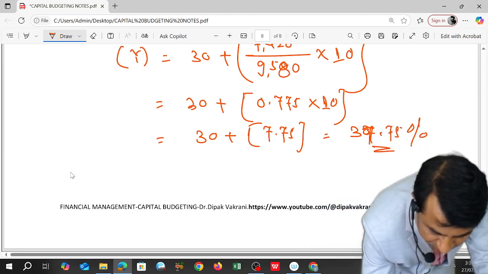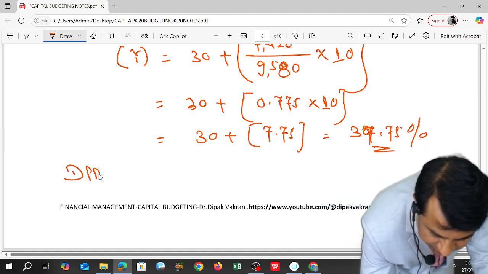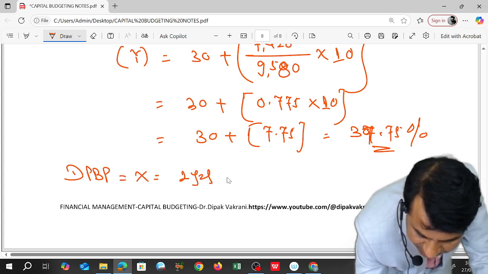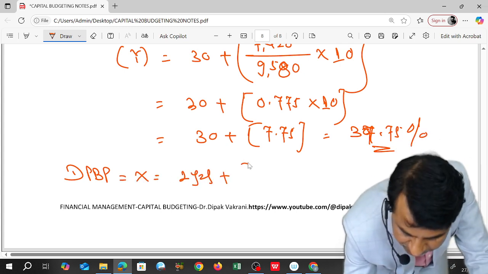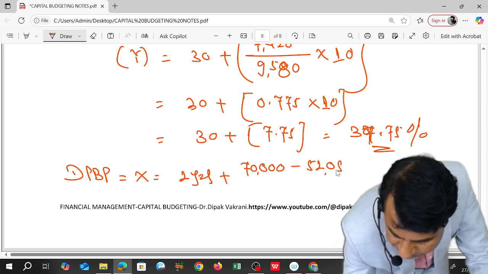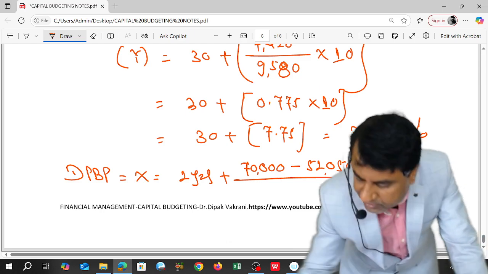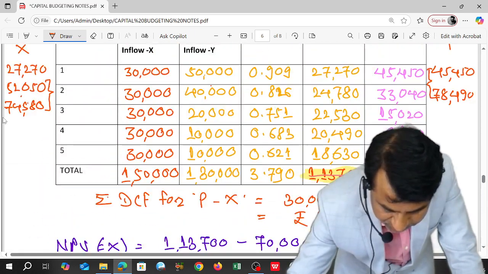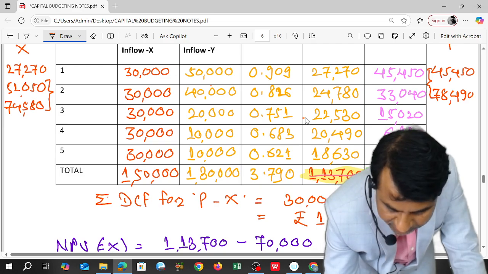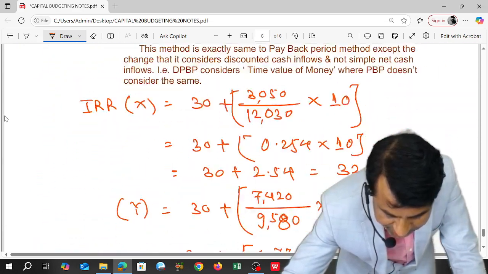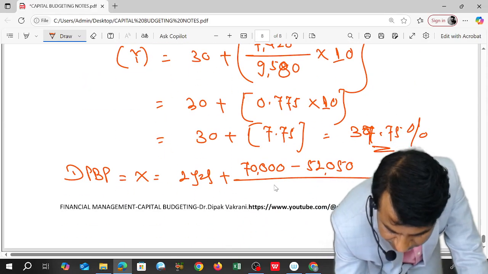So discounted payback period for X, the year after which initial investment is recovered is 2 years, plus remaining amount to be recovered is 70,000 minus 52,050, क्योंकि 2 साल बाद इतना रिकवर हुआ था. Third year cash inflow we want for X, because बचे वाला तीसरे कैश इनफ्लो से आएगा. 22,530 is your third year discounted cash inflow. 22,530.